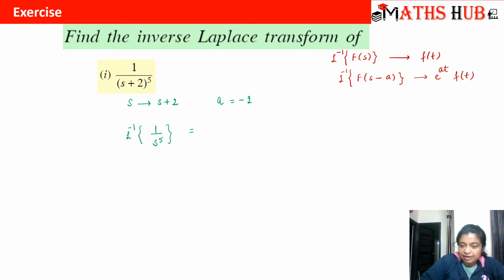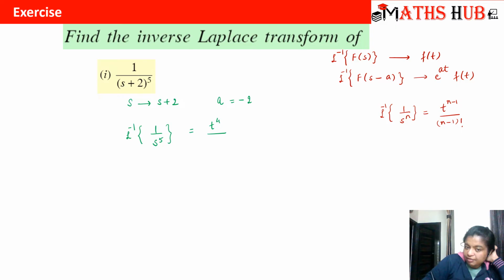Again, the basic table formulas tell us that if we have Laplace inverse of 1 by s raised to power n, our answer is t raised to power n minus 1 by n minus 1 factorial. So what is 1 by s raised to power 5? It is t raised to power 4 by 4 factorial.